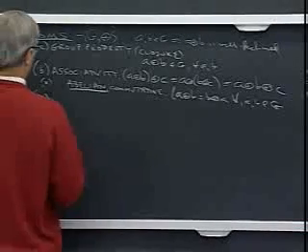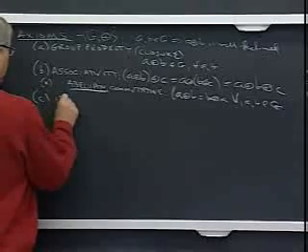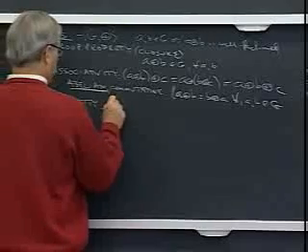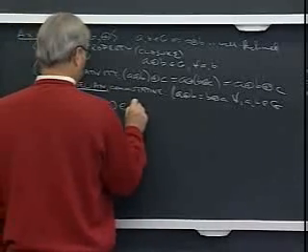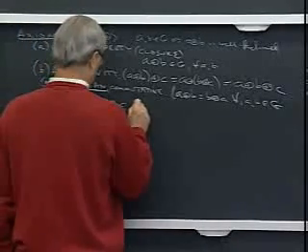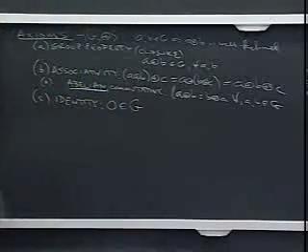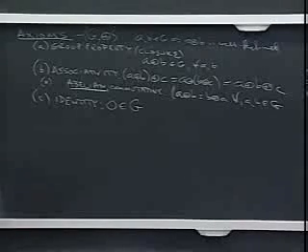Okay, then we have the identity property. There is an identity which, in an additive group, is ordinarily called 0. So I'll call it 0.